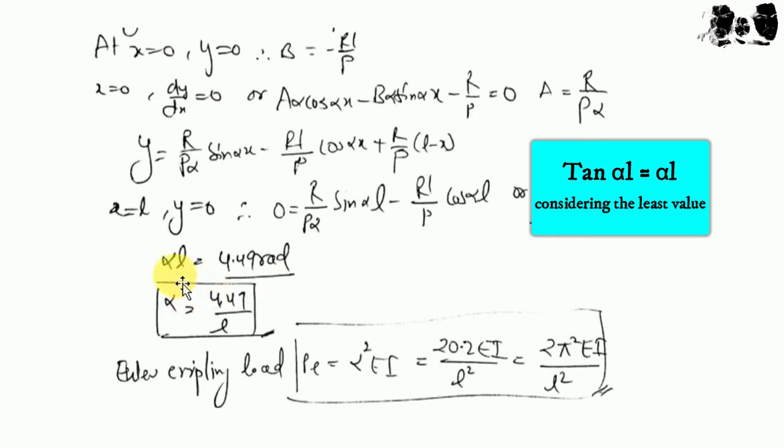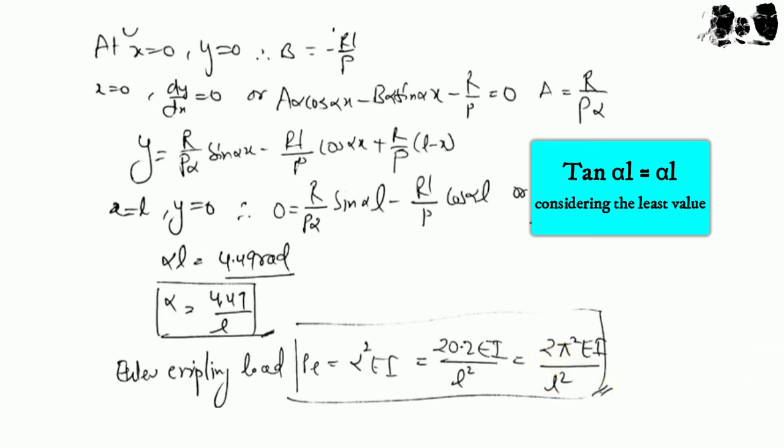Okay, then we have the value of alpha is equal to 4.49 upon L, and the alpha value put it in the first equation, and then we have P is equal to alpha square EI, and putting the value of alpha, we have 20.2 EI upon L square, and we convert the value into pi by converting 20.2 into two parts, 2 into 10.2, and 10.2 can be written as pi square.